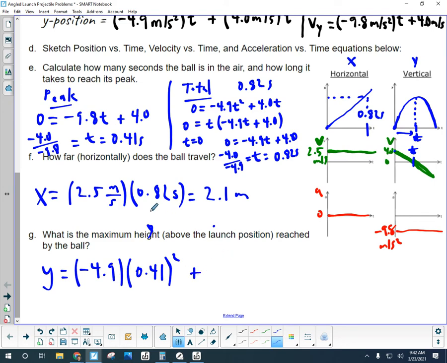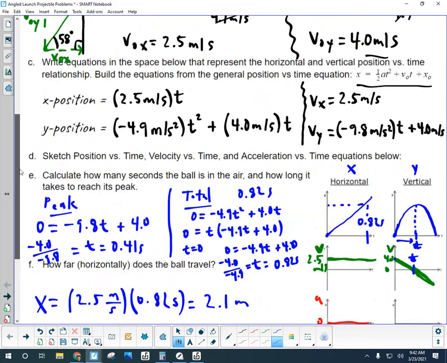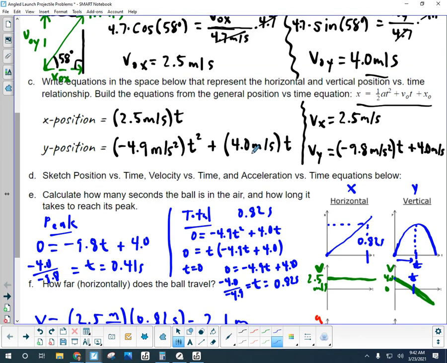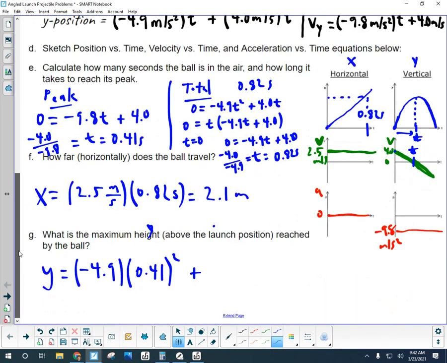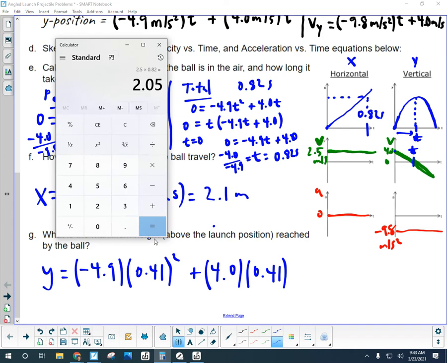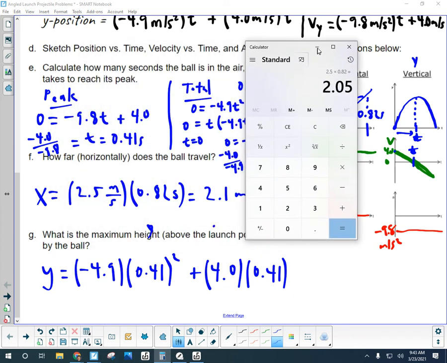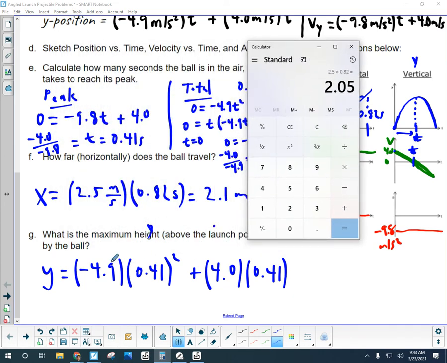And then again, I want to not put in the full velocity. I want to put in the starting y velocity, the 4.0 number. That's meters per second times time. Again, it's the peak time, 0.41. It is important that this term is negative and this one is positive.